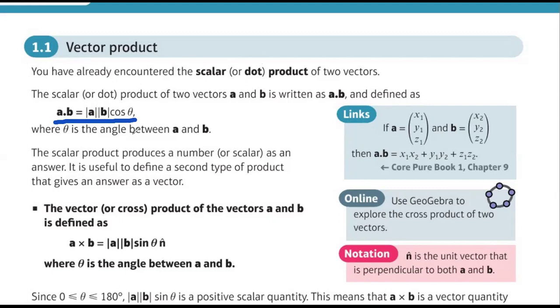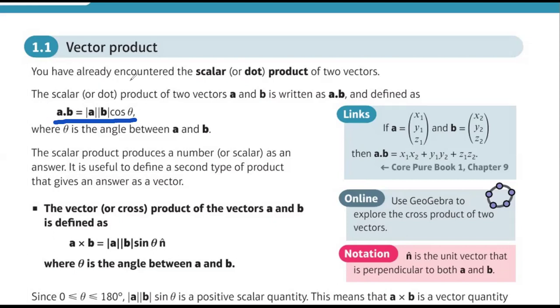Theta is the angle between vector A and vector B. Modulus of A means the size or magnitude of vector A. Modulus of B means the magnitude of B, like that.